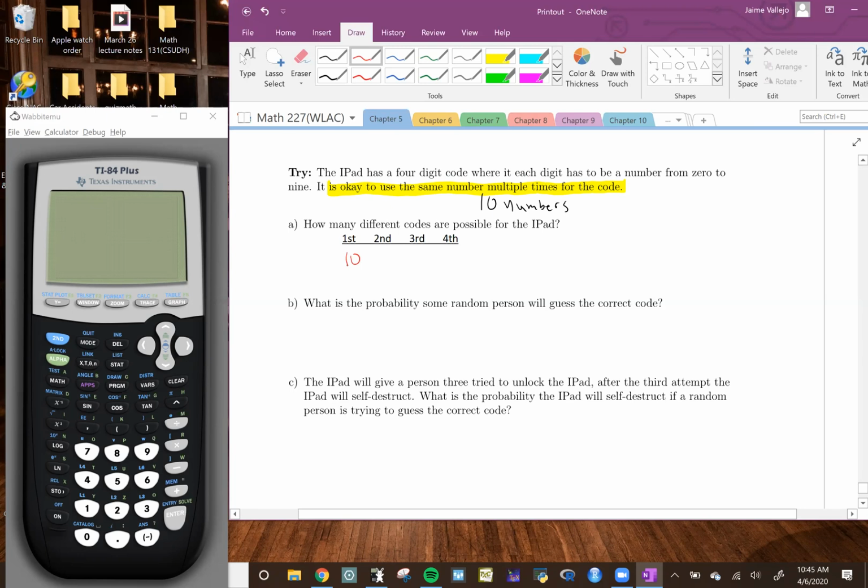Anytime the number can repeat, it's not a permutation or combination, because one of the distinct things that make it a permutation or combination is that none of the numbers can repeat. The other reason is that here the order does matter, because the way you enter the numbers into your iPad or your iPhone will make a difference, either making it correct or not correct.